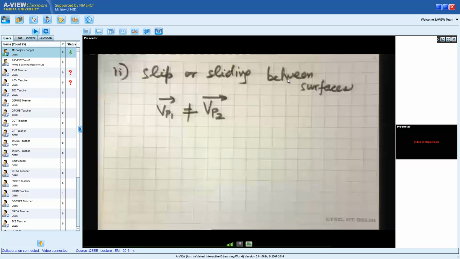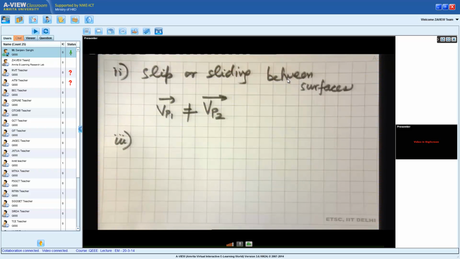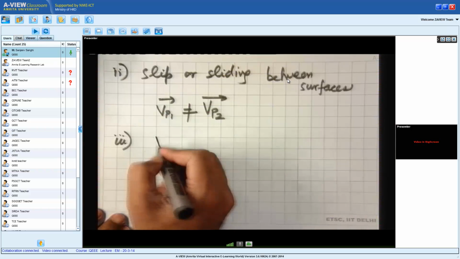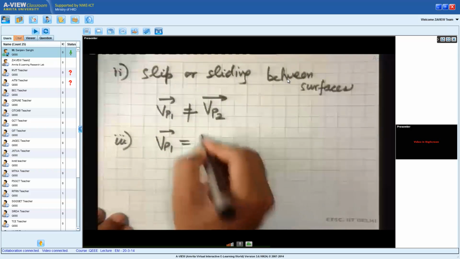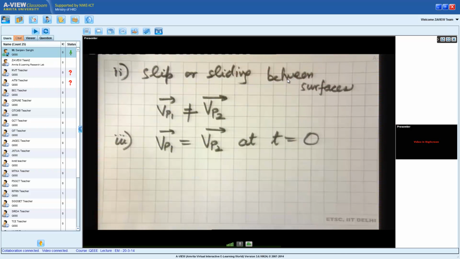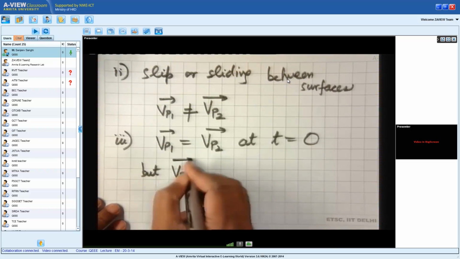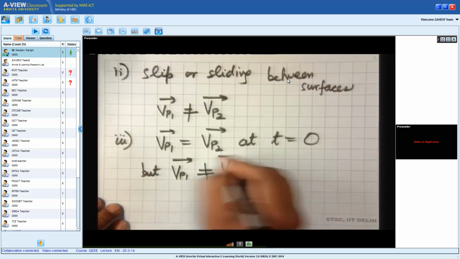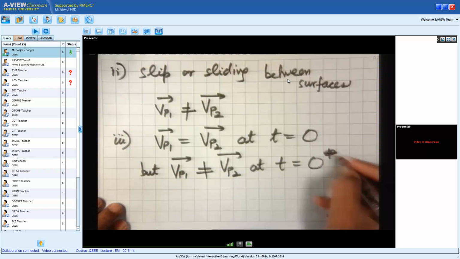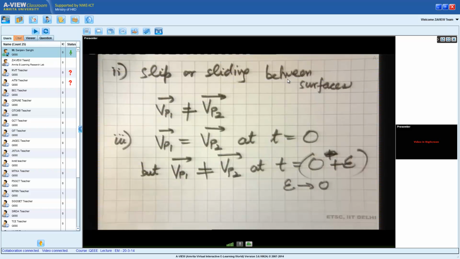Okay, but then we have a third very interesting case, and this is particularly interesting when we have friction, and that is that Vp1 is equal to Vp2 at t is equal to 0, but Vp1 is not equal to Vp2 at t is equal to 0 plus epsilon, where epsilon is a very small time later.